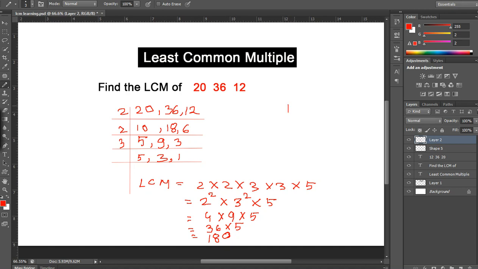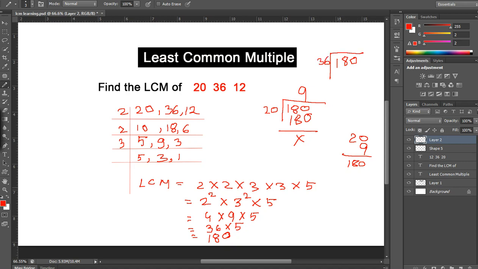See, this 180 is divisible by all these numbers. You can write 20: if you multiply 20 with 9, you will get 180. For 36, 180, you can divide it by 36.